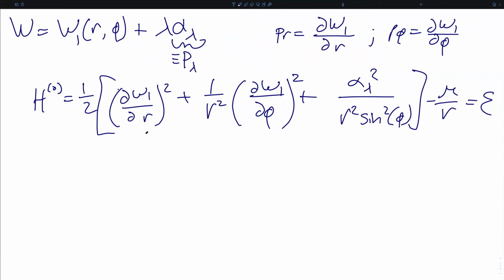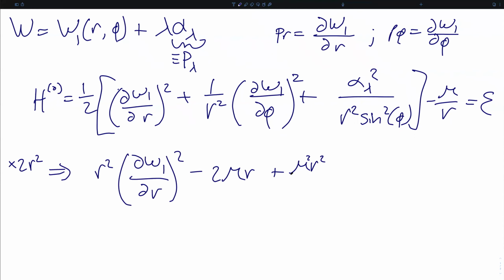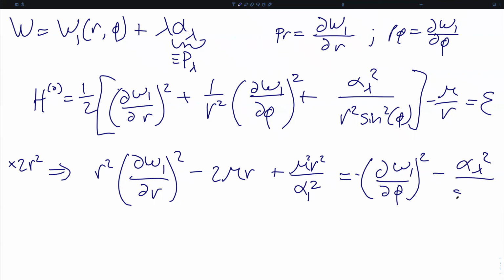We're going to multiply all of this by 2r squared, and that gives us, we've also made the substitution for the energy, that is, energy is equal to negative mu squared over 2 alpha 1 squared. And we've also rearranged things so that we've isolated the partial with respect to r on one side and the partial with respect to phi on the other side, along with all of the terms in r and phi.